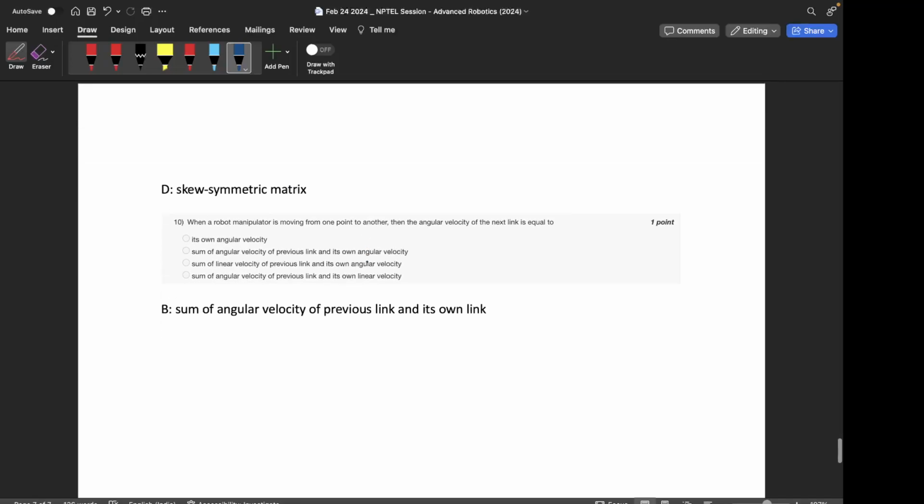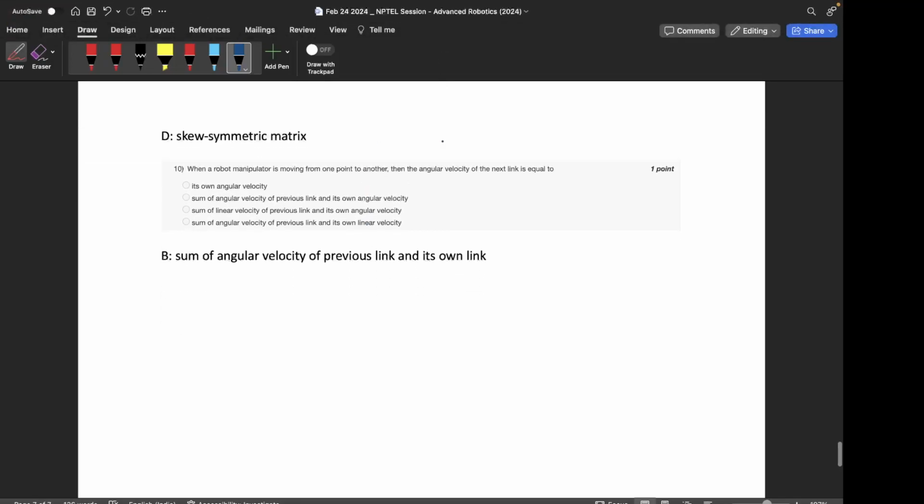Okay. And finally, the last question is, when a robot manipulator is moving from one point to another, then the angular velocity of the next link is equal to. So again, very straightforward. The angular velocities can be added incrementally as we move from the previous link to the next link.